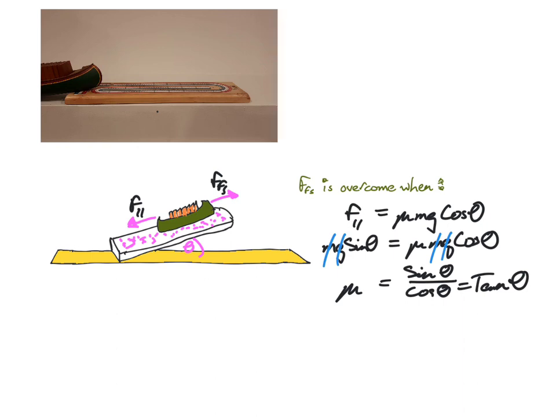So if we want to figure out the angle that it starts to move at, we just need to do an inverse tan on both sides, and we'll get theta is equal to inverse tan of mu. So that's a typical type of problem you might get as well.